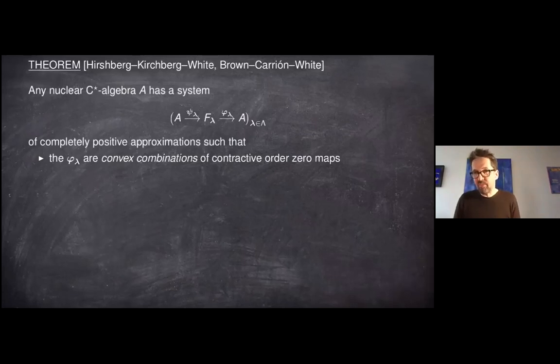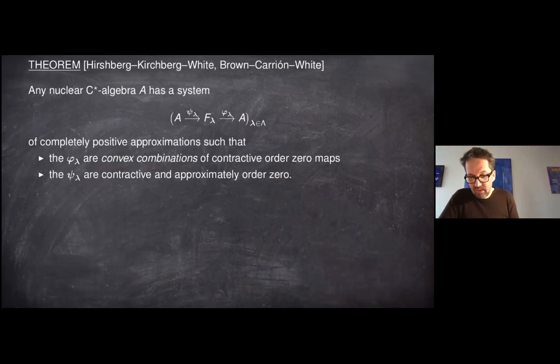There's no global bound on the summands, but at least you get convex combinations. This is a different paradigm, really. And in addition, you can make sure that the psi^lambda, the downwards maps, are contractive and approximately order zero, just as was possible for finite nuclear dimension.